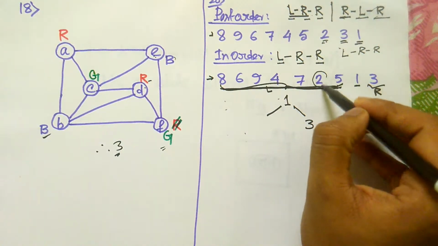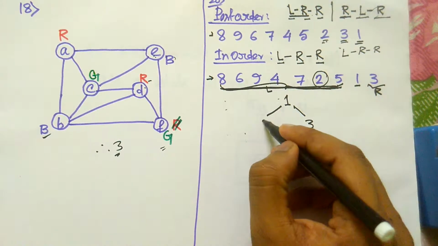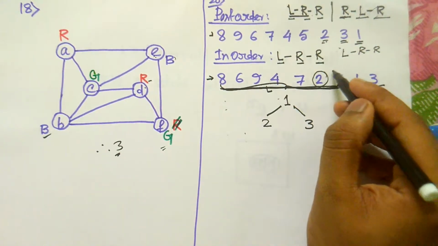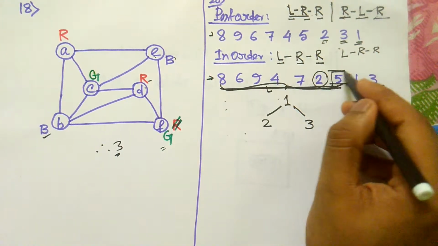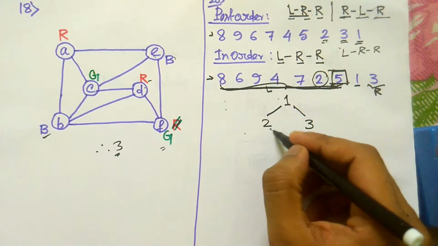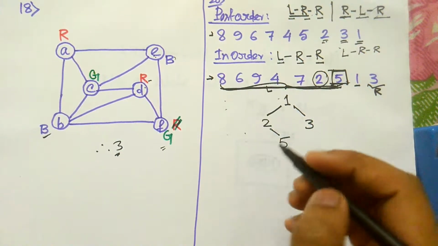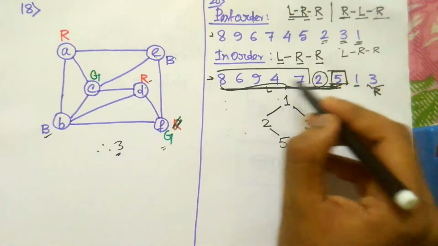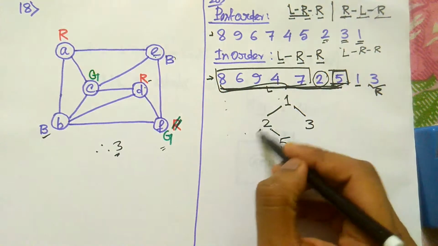So 2 will be the root here, and 5 is on the right, so 5 will be here, and the remaining part will come in the left.